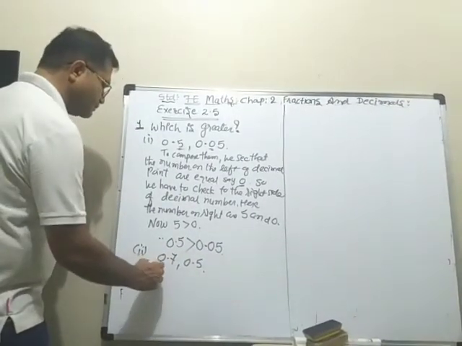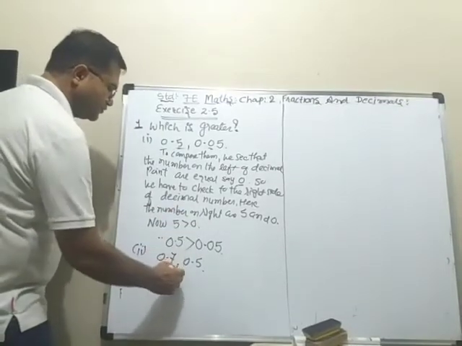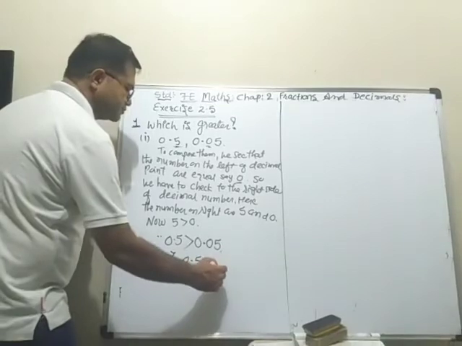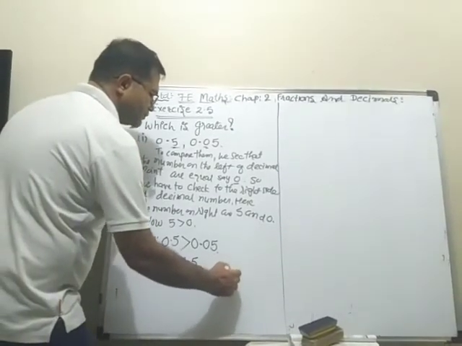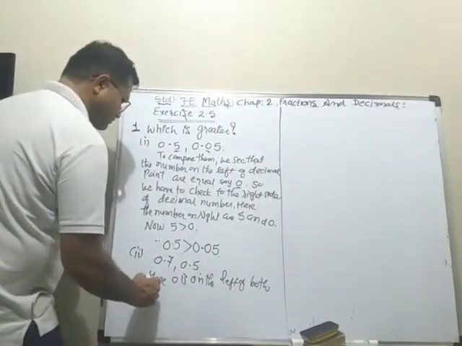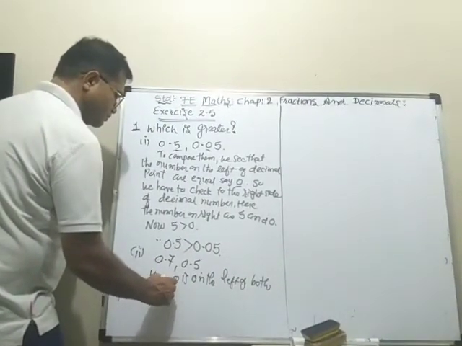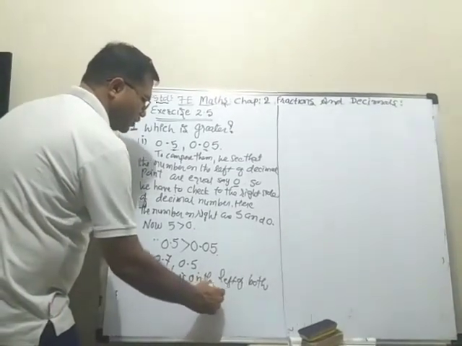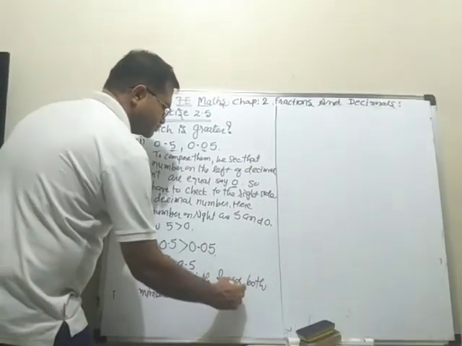So here 0 is on the left of both numbers, so check on the right side.